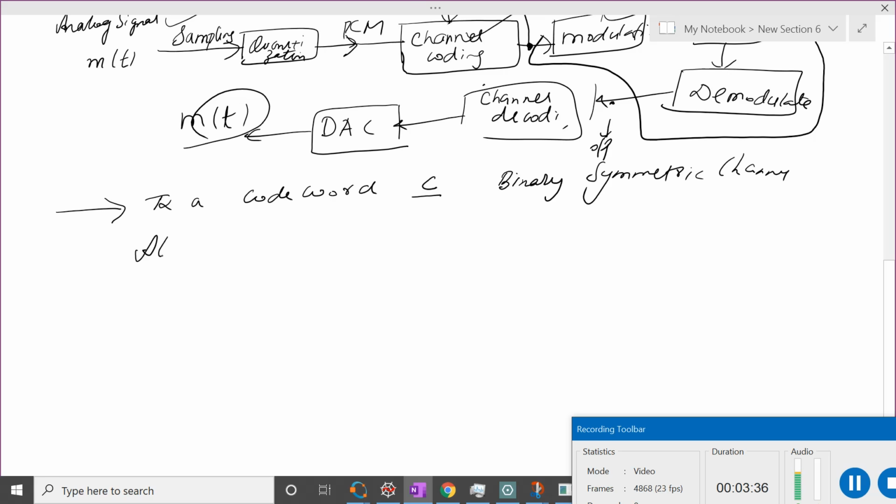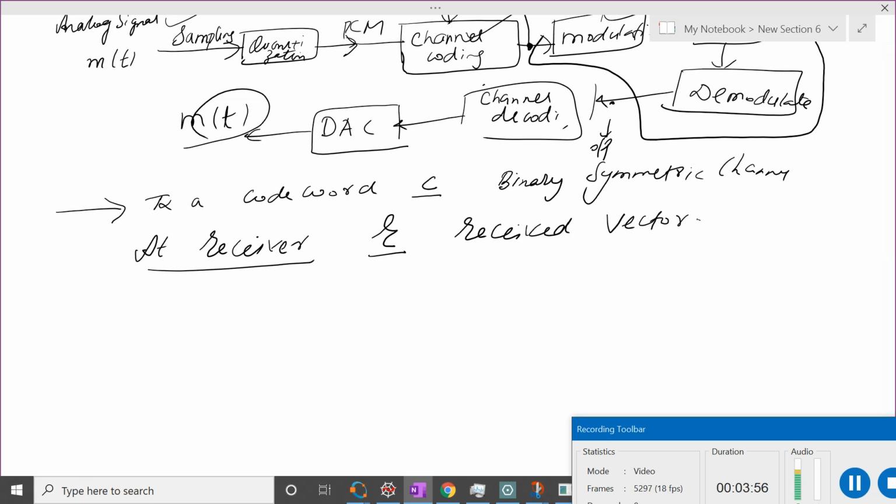Now at the receiver we will receive R, which is the received vector. The received vector is basically a version of C, so there definitely will be some errors. Our job is to deduce from R what code was transmitted, and indirectly what message was transmitted.